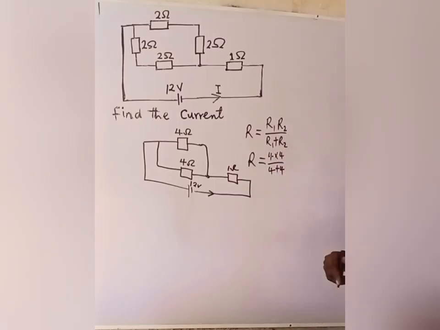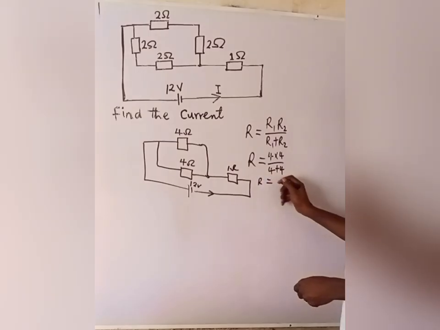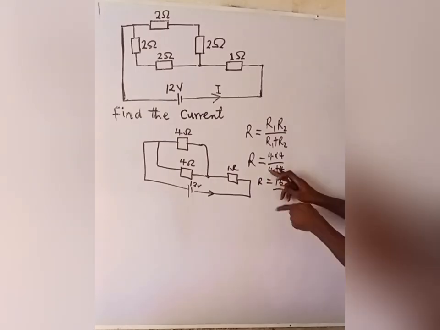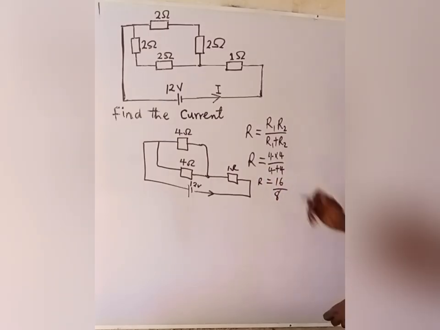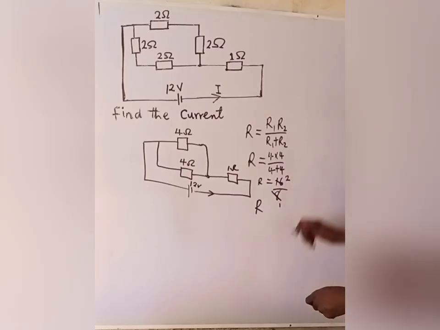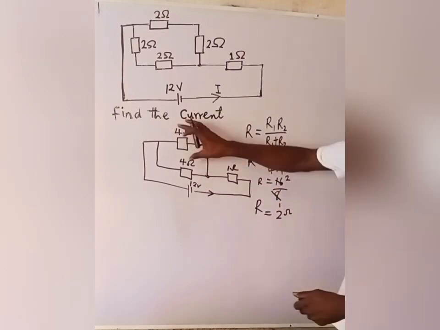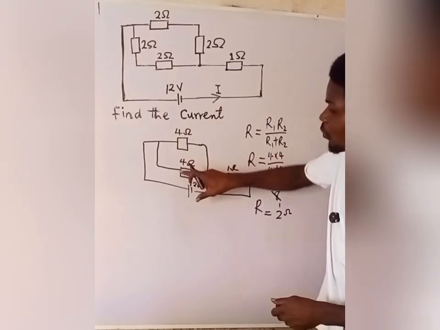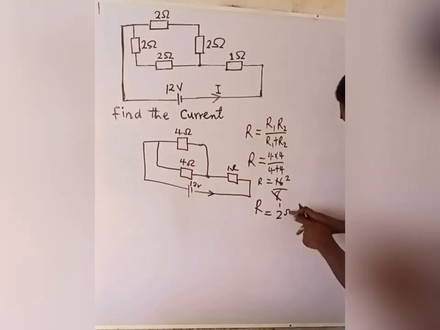4 times 4 is what? 16, divided by 4 plus 4, which is what? 8. So when we now cancel out, this one will go 1, this one goes 2. So our resistance is now 2 ohms. That is, we have simplified these 4 ohms and these 4 ohms to get the equivalent of 2 ohms.